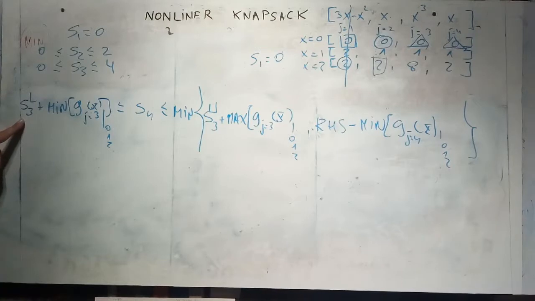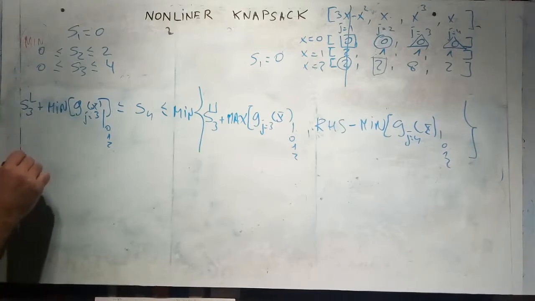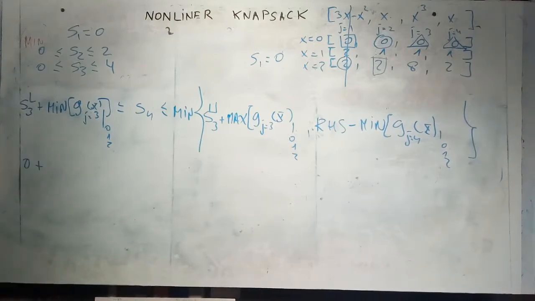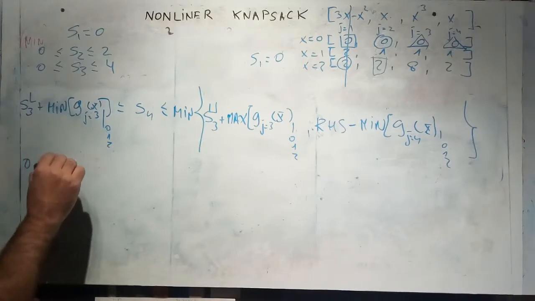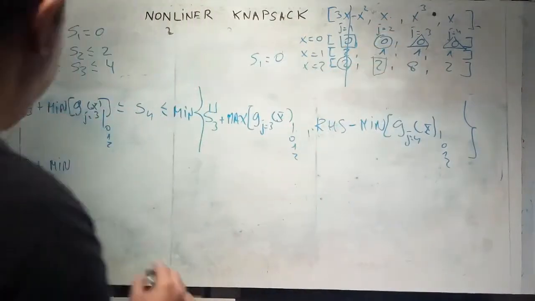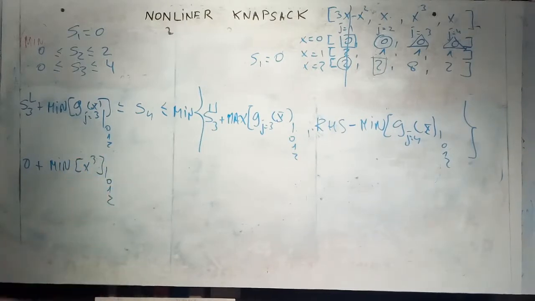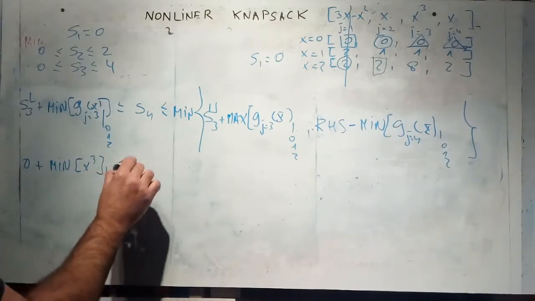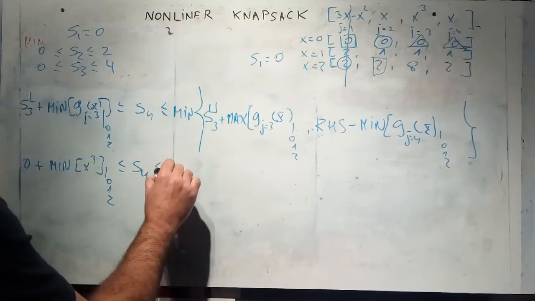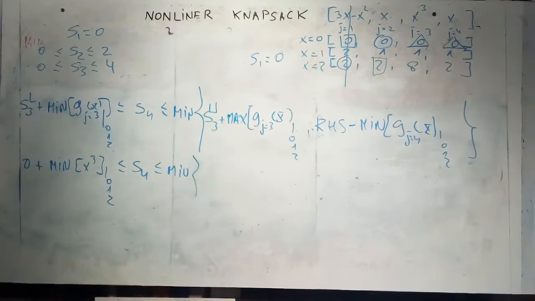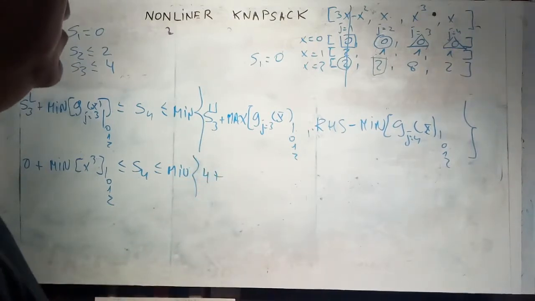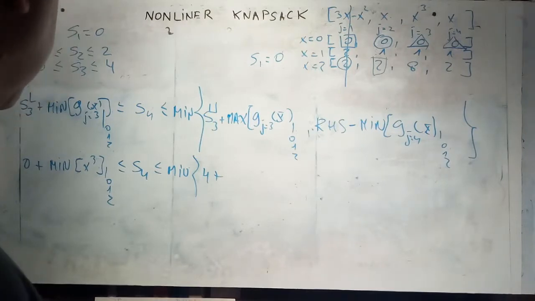So S3, its lower limit was 0, 0 plus the minimum of x cubed evaluated at 0, 1, 2, less or equal than S4, less or equal than the minimum of the upper limit of S3, that was 4, plus the maximum value.